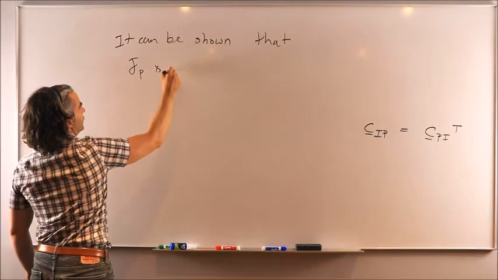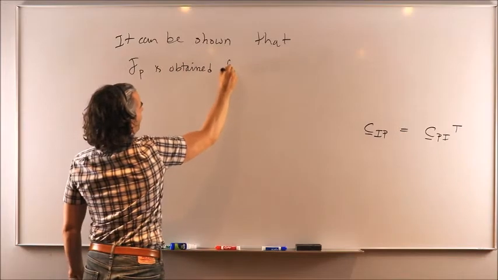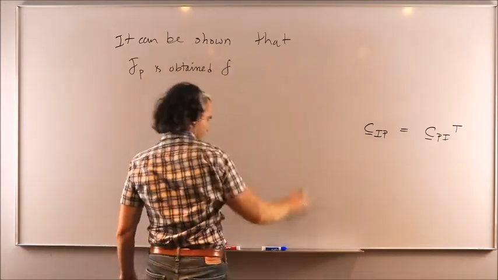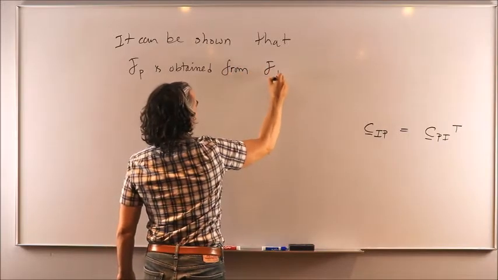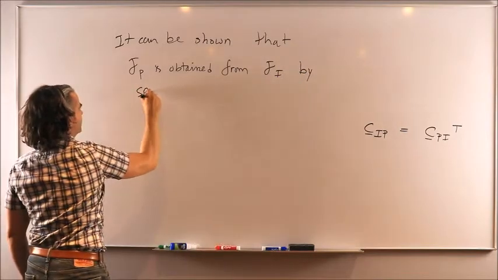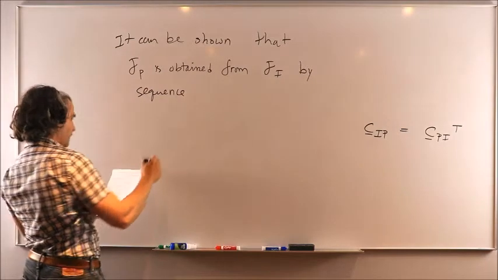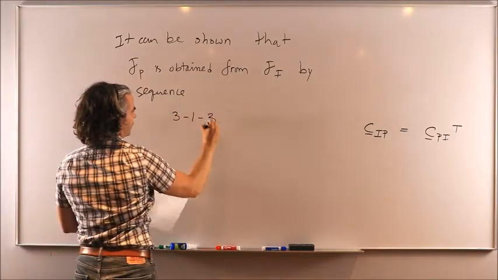perifocal is obtained from ECI through the sequence 3, 1, 3.